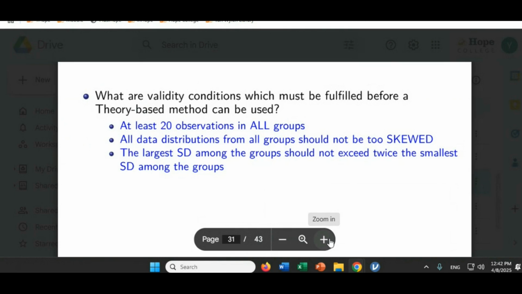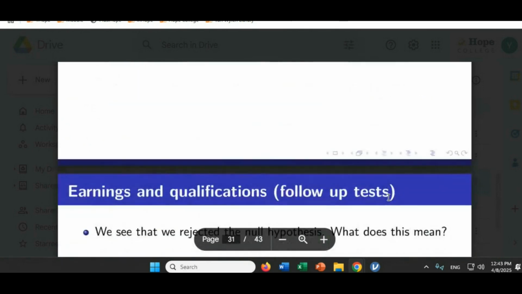This one is very, very important. That's why it's always stated first. If you have groups of size 5 or 3, please go home. Right? Don't do anything. You have so broken the VC. But if you have large enough sample sizes, you can be forgiven some skewness. You can be forgiven this SD thing. It's very important. All right, just so you know. Ideally, yes, you should follow all three, but sometimes it's hard to get it.